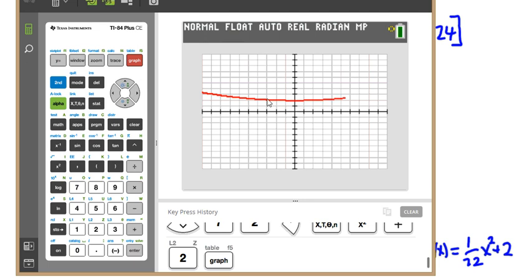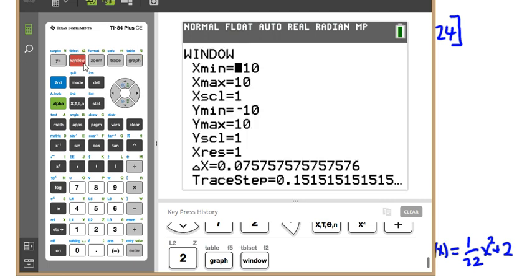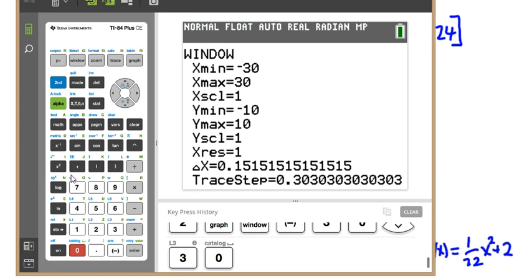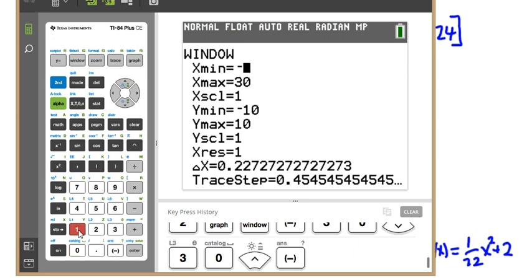We don't see much because of the aspect of it. We don't have all the points that were in there. To do that, we'd have to get a window big enough. We'd have to go like negative 30, and up to 10. Actually, we don't need that number, do we? We need like negative 12. The x is fine.